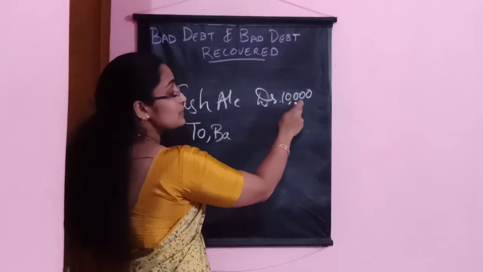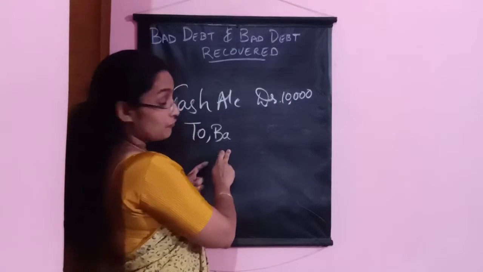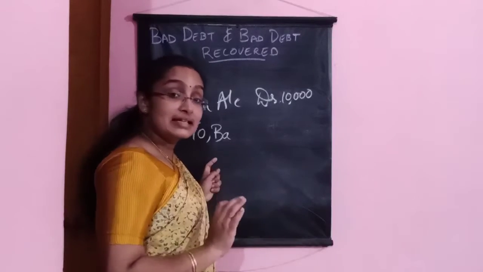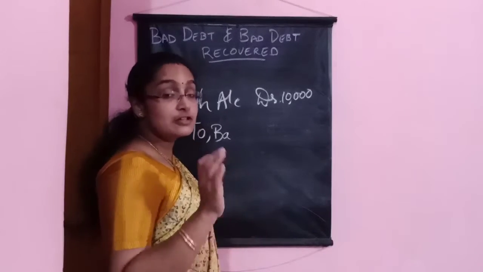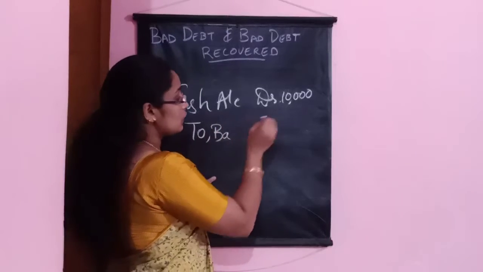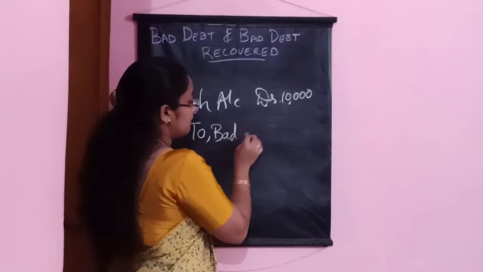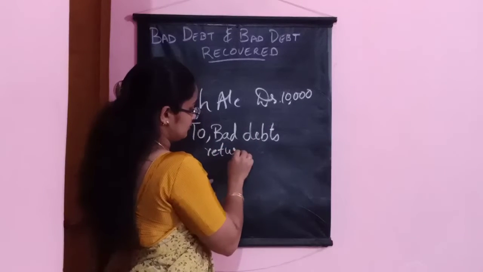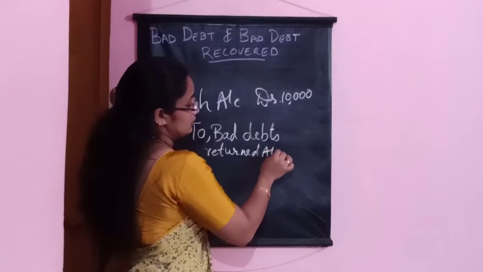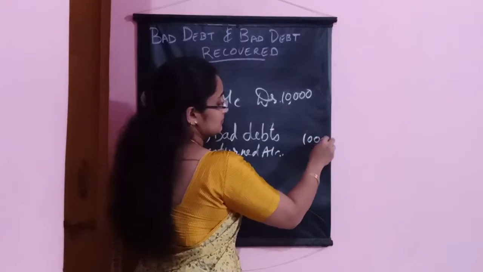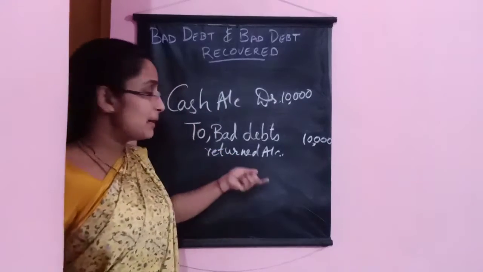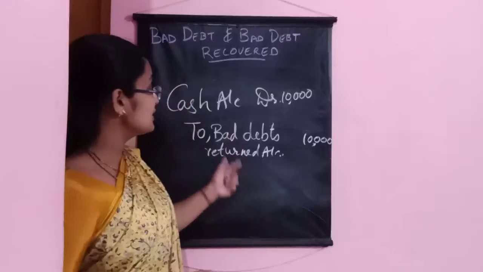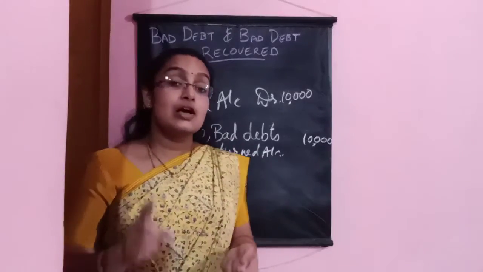Here cash of rupees 10,000 is received from Mr. A, which was written off as bad debts. So it is bad debts returned or bad debts recovered. So the entry will be cash account debit rupees 10,000 to bad debts return account rupees 10,000. Being bad debts return received from Mr. A for rupees 10,000. This is the entry for bad debts recovered.